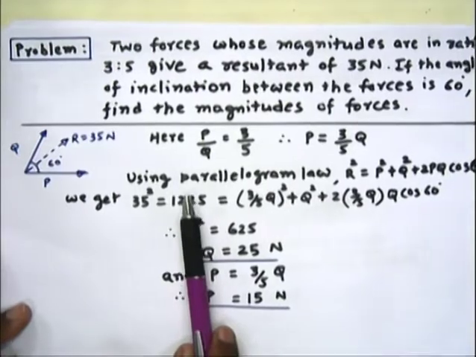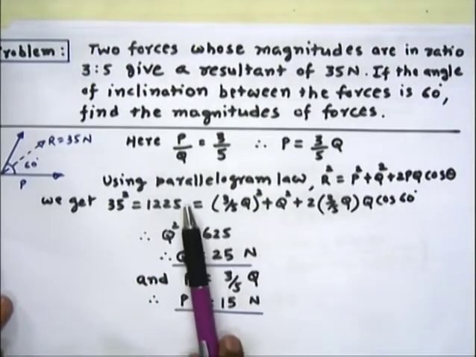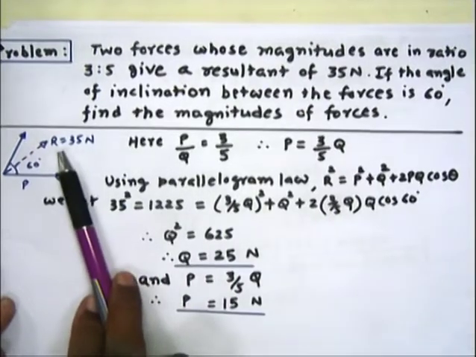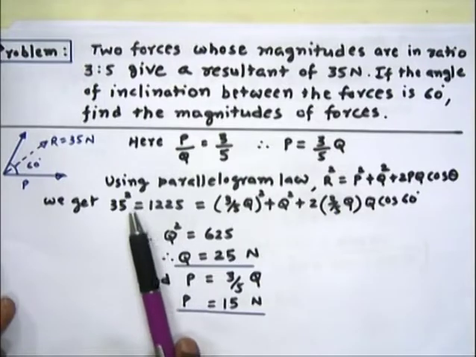Now using parallelogram law, and already R is given as 35 Newton, so in place of R we write 35.